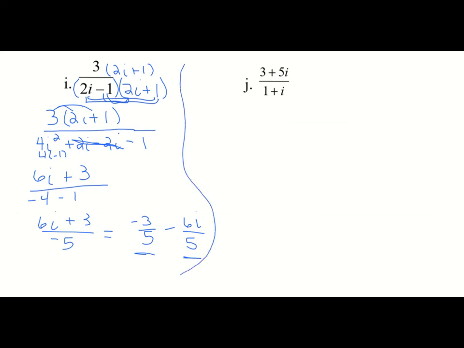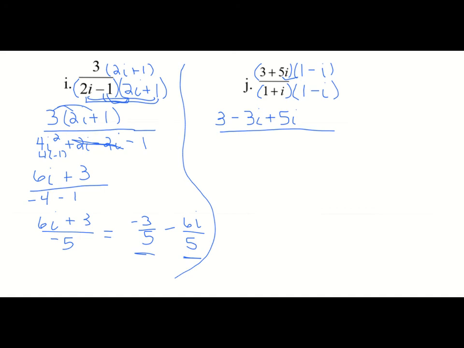Let's take a look at J. Our conjugate here will be 1 minus i, and we'll multiply both top and the bottom by that. So let's go ahead and FOIL the top and the bottom, because we need to split it up when we get done. So we'll have 1 times 3 for the top is 3. 3 times negative i will be negative 3i. 5 times 1 is plus 5i.